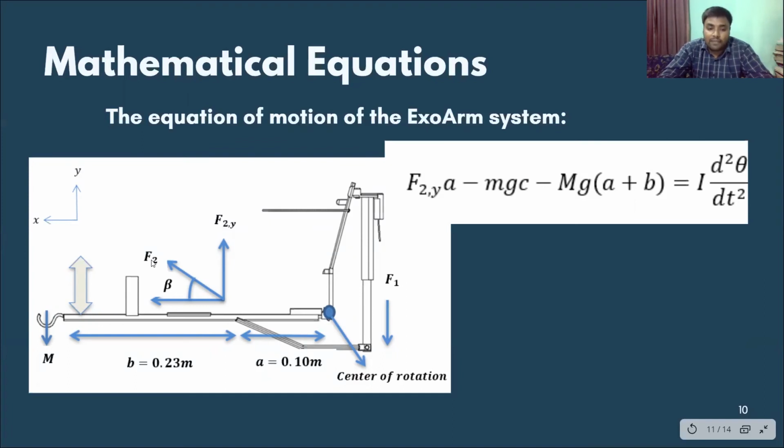A, B, C are the distances given, and small m denotes the structural weight, which is 2.2 kg, and capital M denotes the load mass. Here I denotes the moment of inertia, and d²θ/dt² is the angular acceleration.